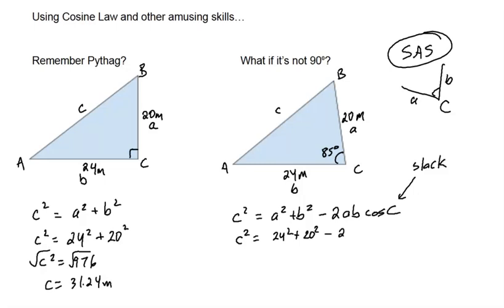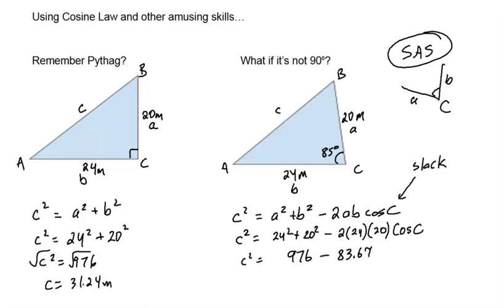So 2 times, and the order of operations is really important here. So hopefully your calculator is going to take care of that properly for you. And make sure when you're computing the cosine of C that your calculator is in degrees. So giving you some details here, this is going to be equal to the same 976 as before, but then that extra 2 times 24 times 20 cos C is going to wind up subtracting 83.67.